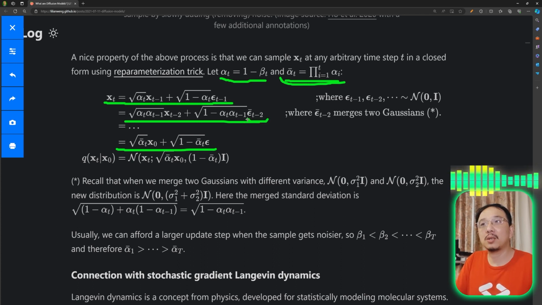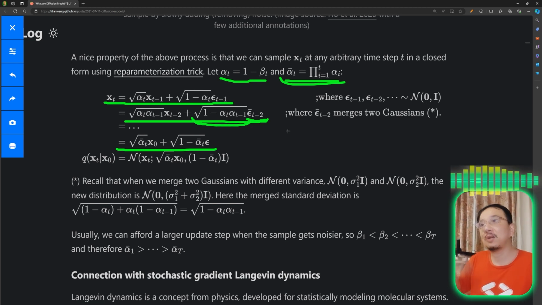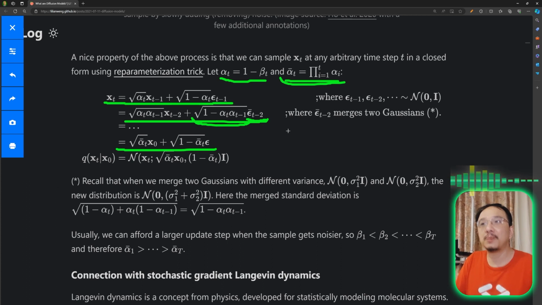And here we use the property that the summation of two independent Gaussian random variables is still a Gaussian random variable. So because the mean is always 0, we only need to recalculate the standard deviation. And this one is the standard way to compute the standard deviation of the sum of two Gaussian random variables.